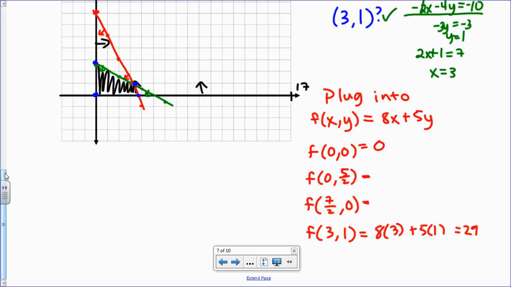This one's 0, right? 8 times 0. This is 25 halves, so 12.5. It might be this one.